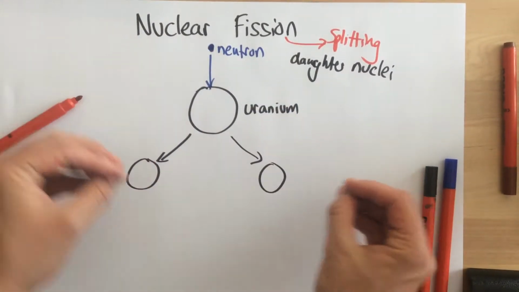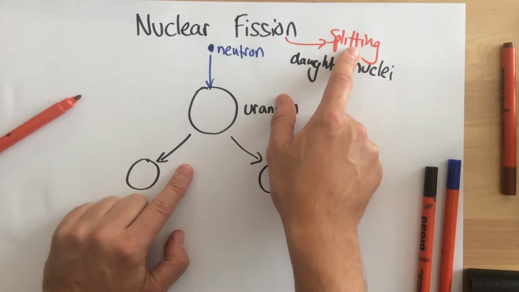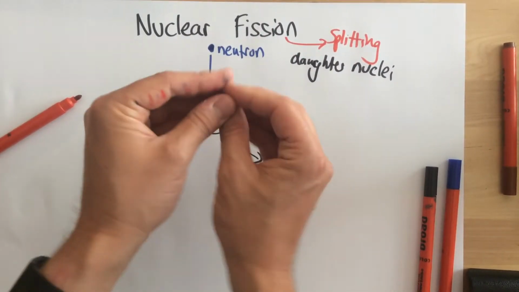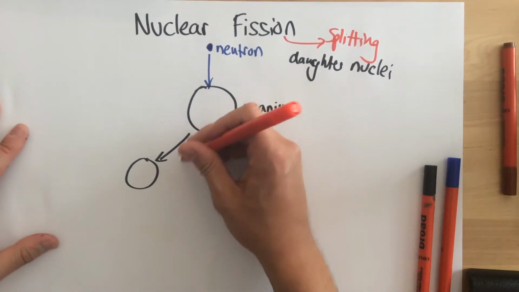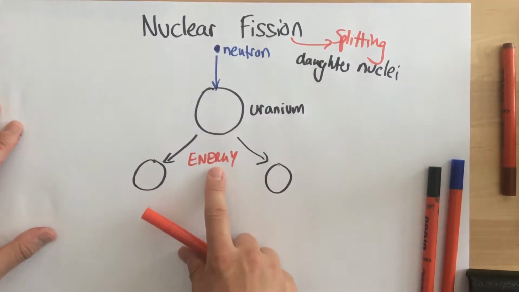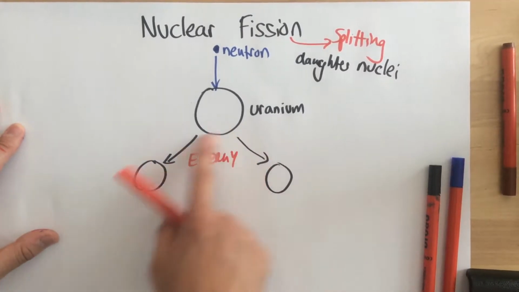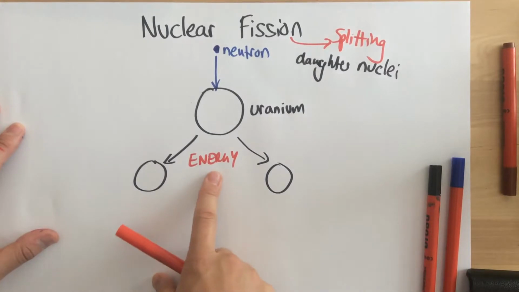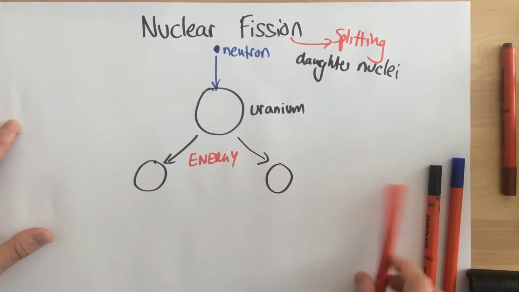As this splitting happens, remember, the term for splitting the nucleus is nuclear fission. As this nuclear fission reaction happens, lots and lots of energy is released. Now this energy can be harnessed in the nuclear power station, and eventually we can generate electricity from that, but we'll get there in a minute.